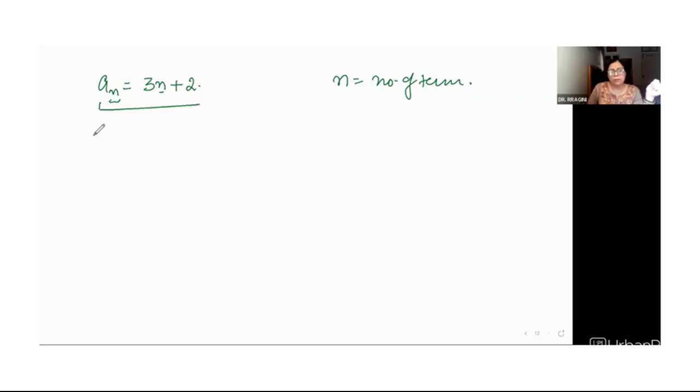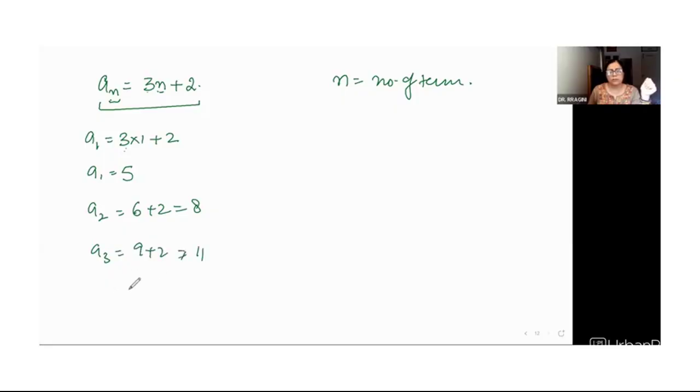So if I put a1 here, that means 3 times 1 plus 2. A1 is 3 plus 2, 5. A2 is 3 times 2, 6 plus 2 is 8. A3 is 3 times 3, 9 plus 2, 11. And A4 is 4 times 3, 12 plus 2 is 14.